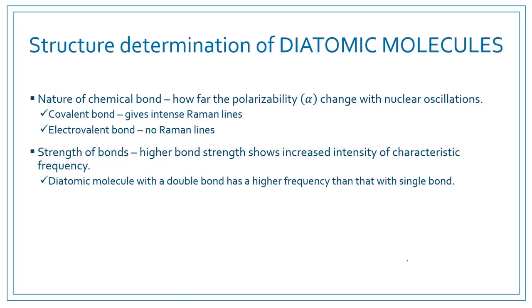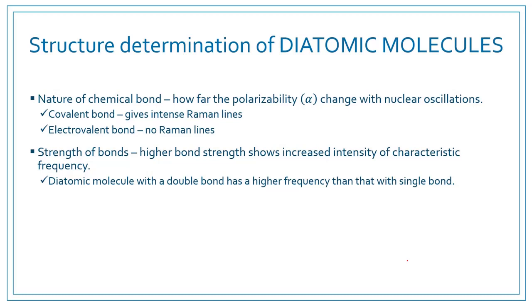In the case of a covalent bond, that is, we are studying covalent molecules, the polarizability changes highly with respect to nuclear oscillation. Thus, it will give intense Raman lines. But in the case of electrovalent bonds, the polarizability merely changes with the nuclear oscillations, and we will get few Raman lines, or maybe no Raman lines.